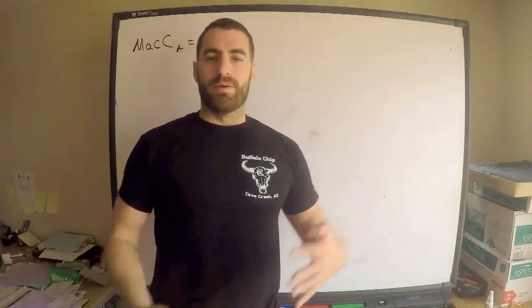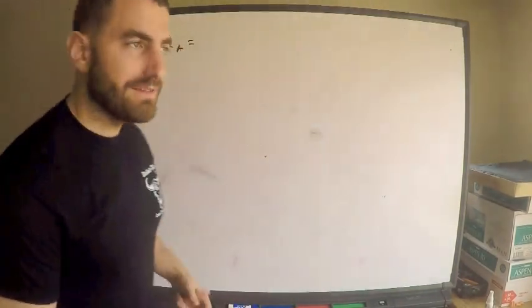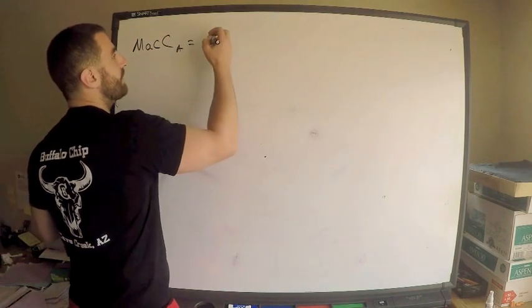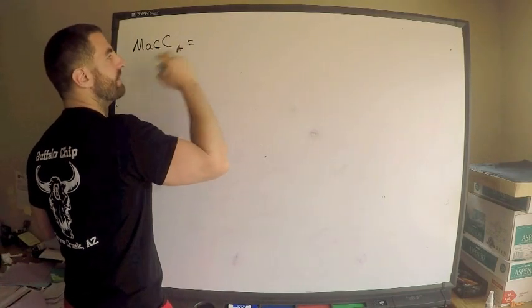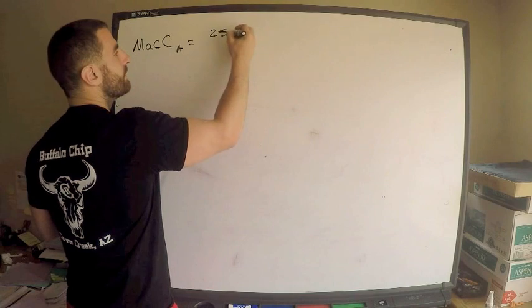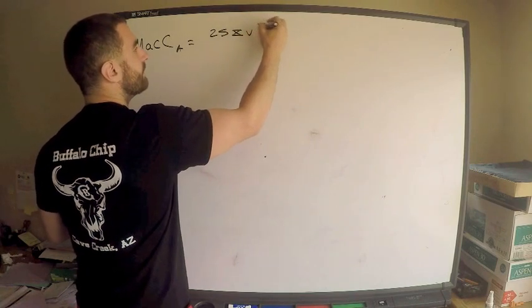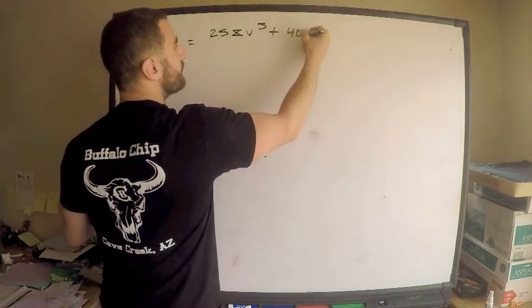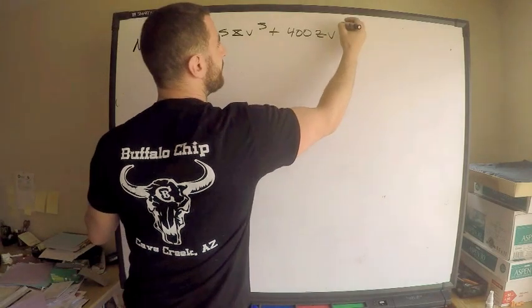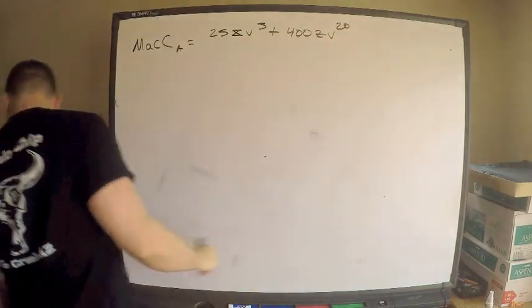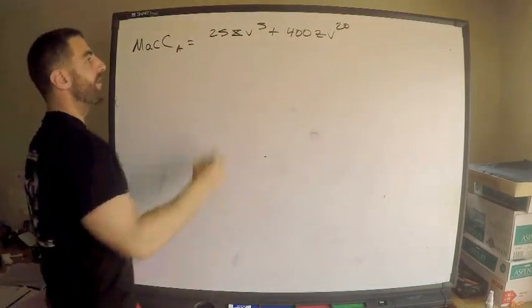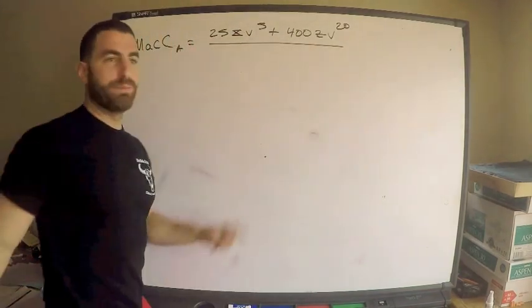I wrote it down a moment ago, but now I'm just going to put the price underneath. The price is the denominator. So this is equal to, well, we had xv to the fifth, so this is 25xv to the fifth plus 400zv to the 20, divided by the price of the assets.